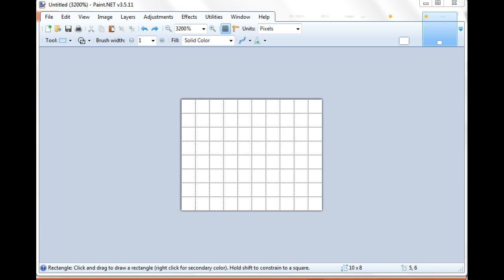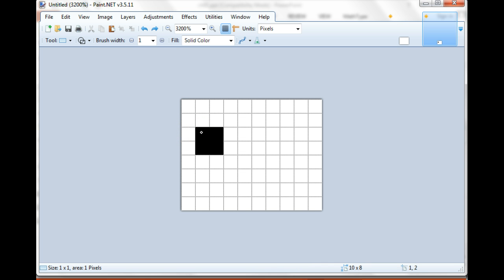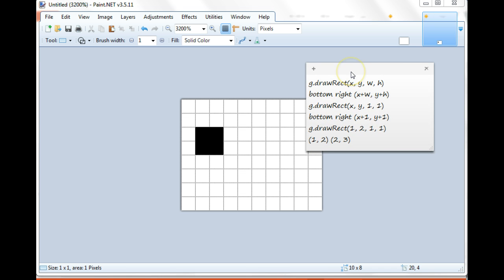Okay, so let's draw that. So we're at 1, 2, and oh, there it is. That's the smallest rectangle I can make. So it immediately plopped it in there. Here's 1, 2, here's 2, 3. Okay, so that's the smallest possible rectangle because you're adding on there.